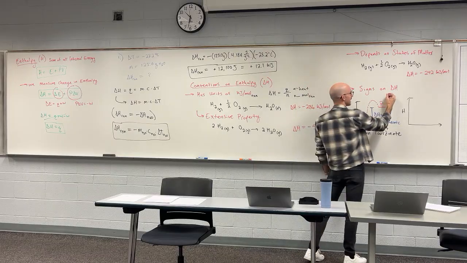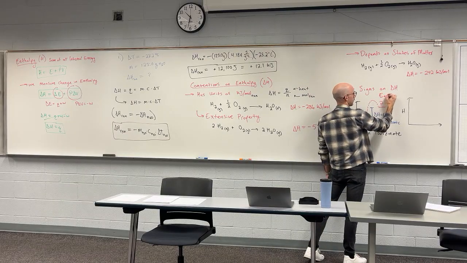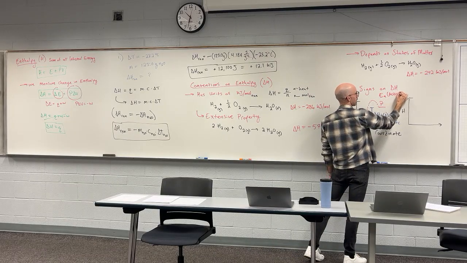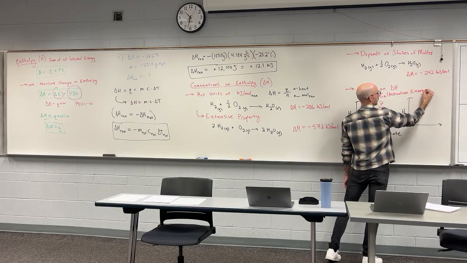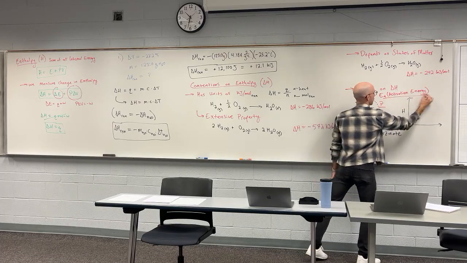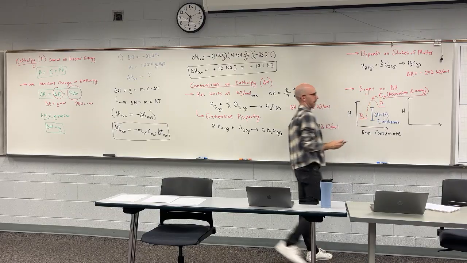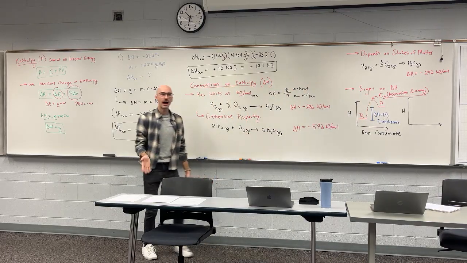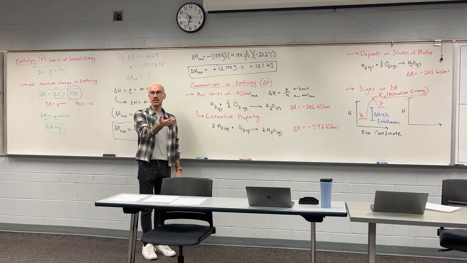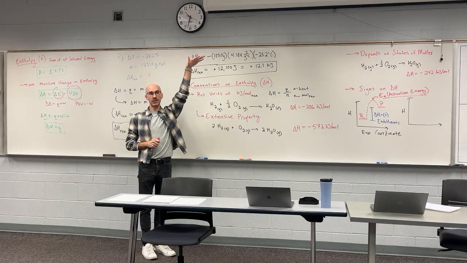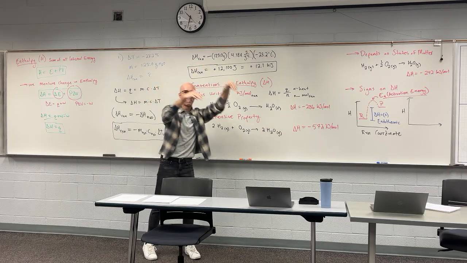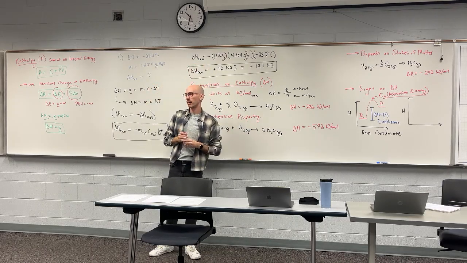We call this EA, or the activation energy. Once you have given enough energy to your reactants that they reach this activation energy, now they are able to go back down into the state of the products.